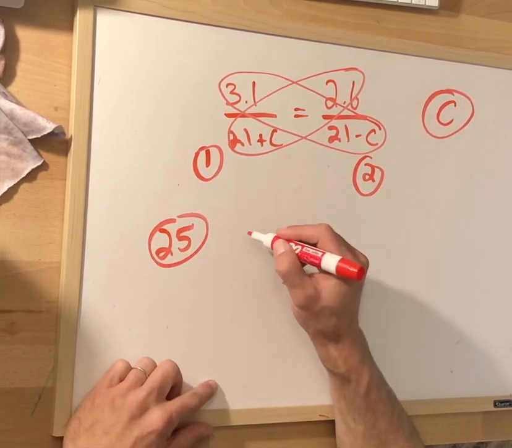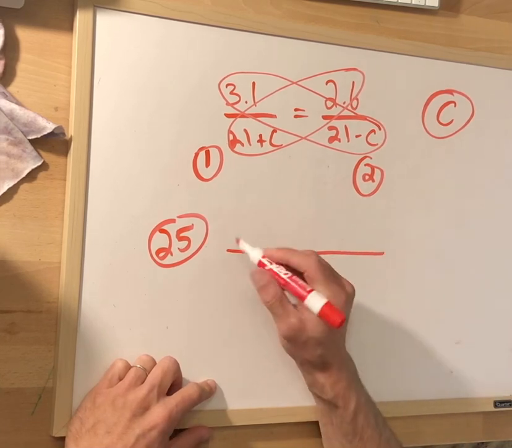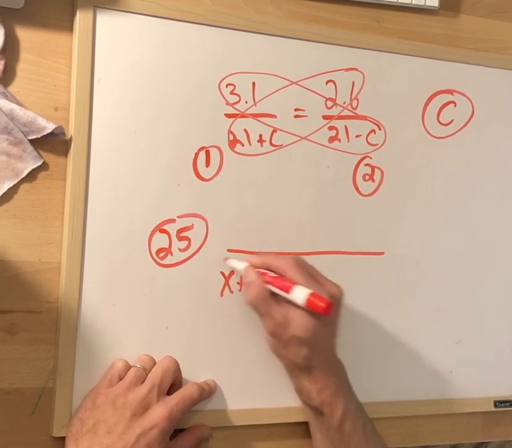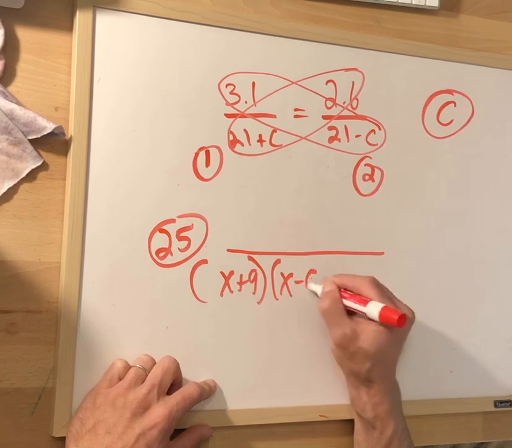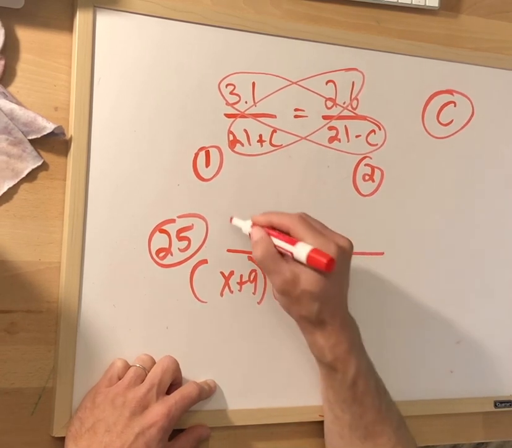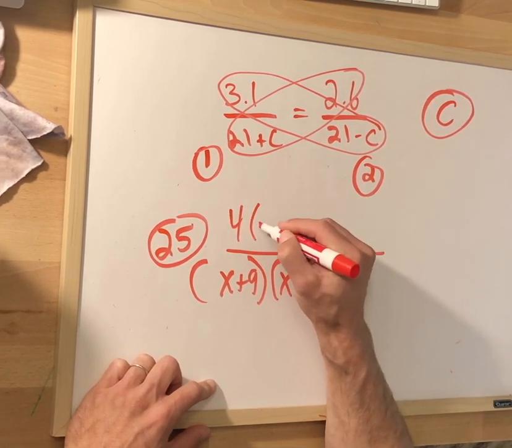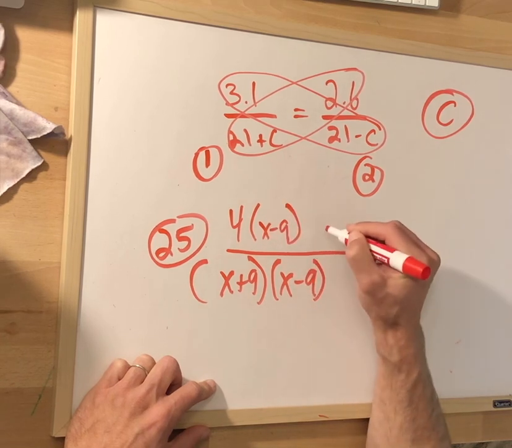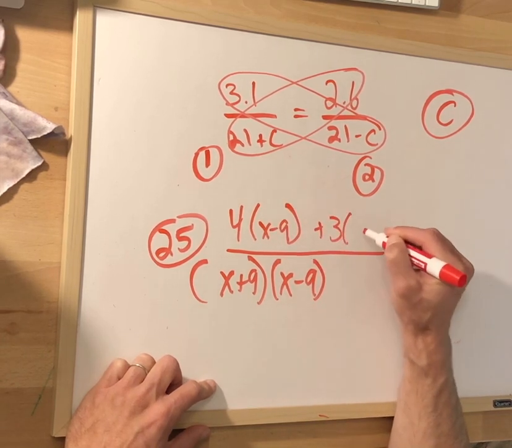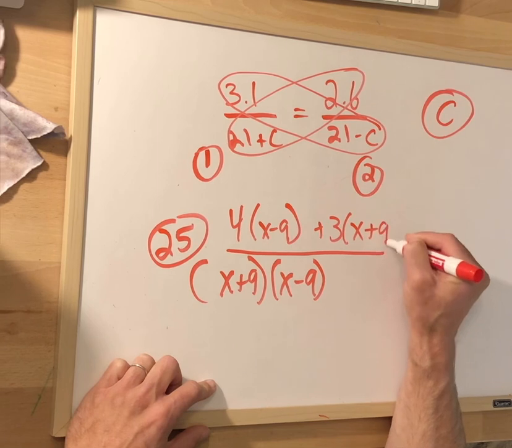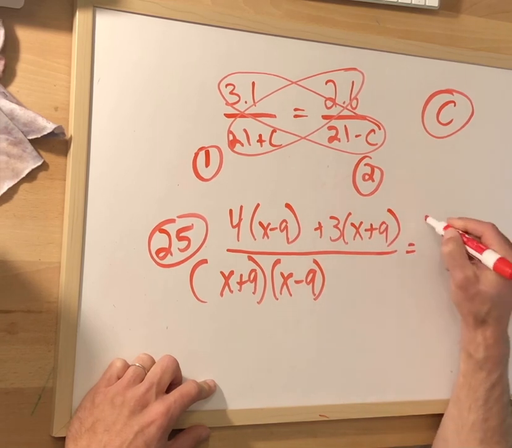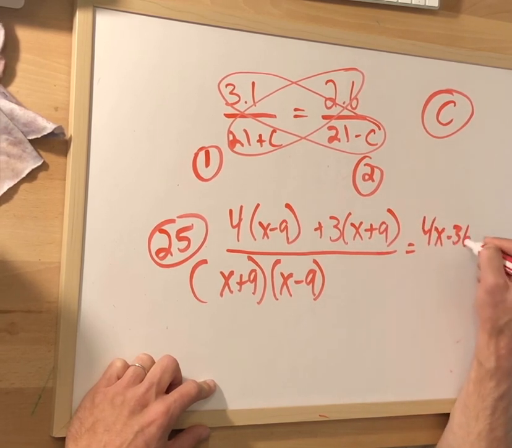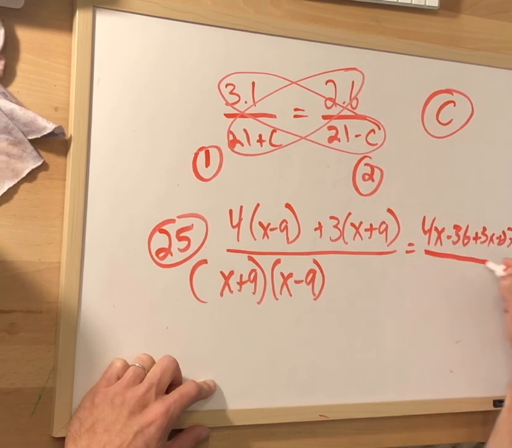For 25, my common denominator is going to be both of those, x plus 9 and x minus 9. So I multiply the 4 by x minus 9, and I multiply that positive 3 by x plus 9 to give me 4x minus 36 plus 3x plus 27 all over.